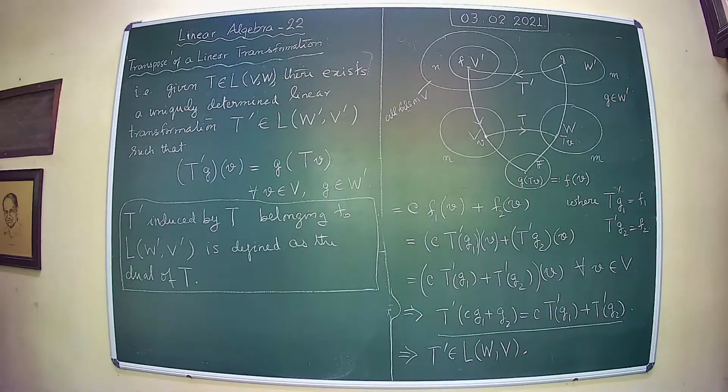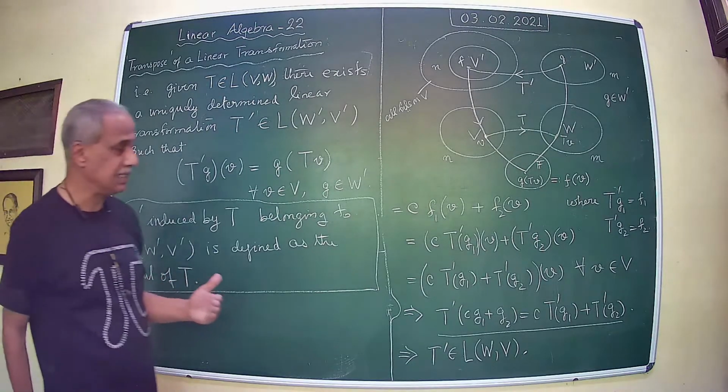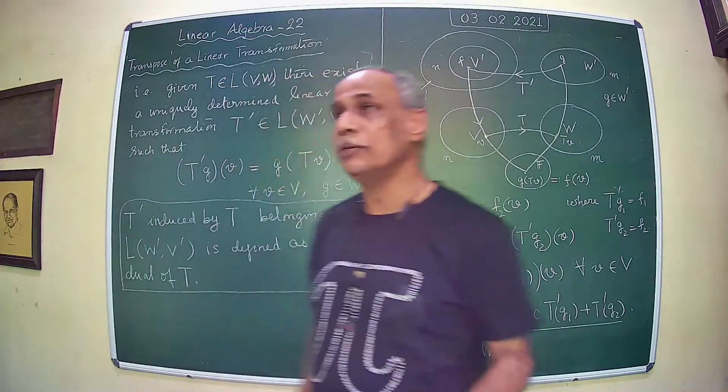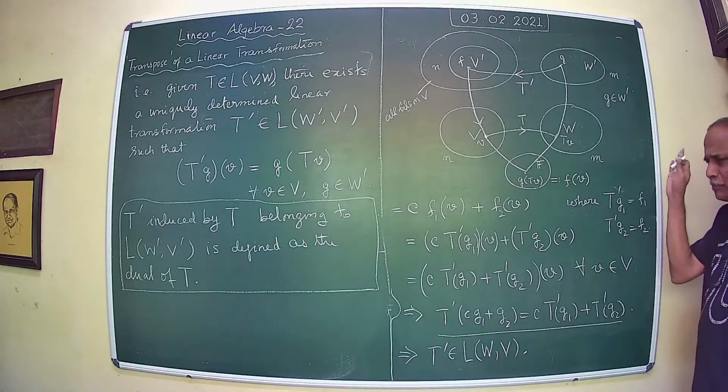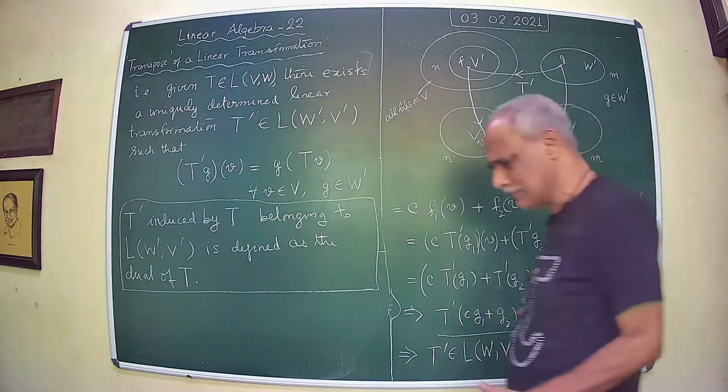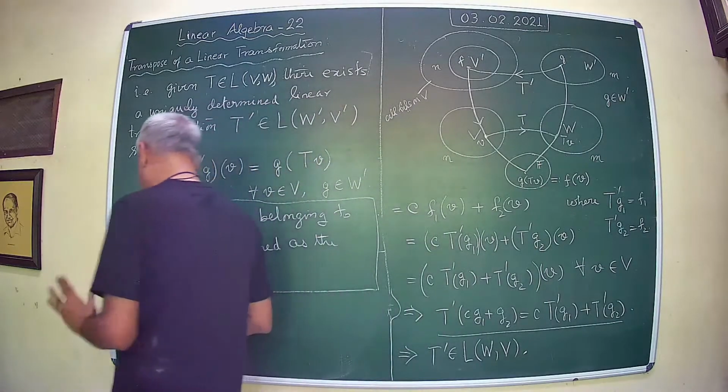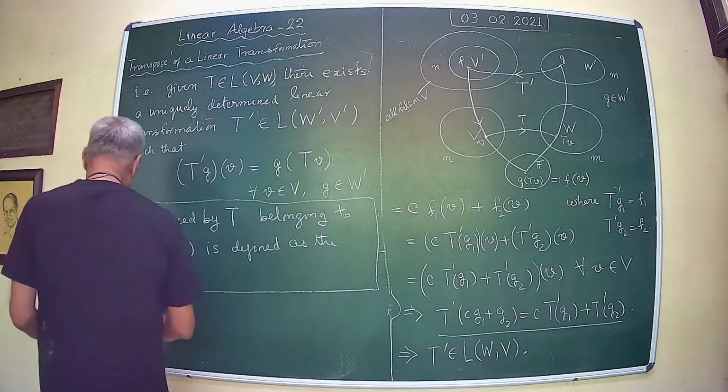And the standard basis on V prime is essentially the dual basis on V prime. Now if you want to make it a bit more elaborate, all that you need is to examine this problem.